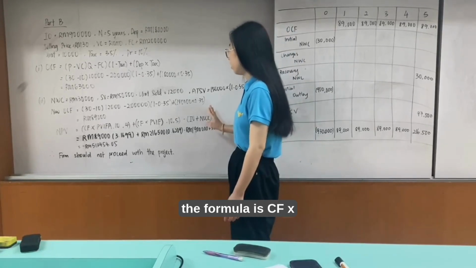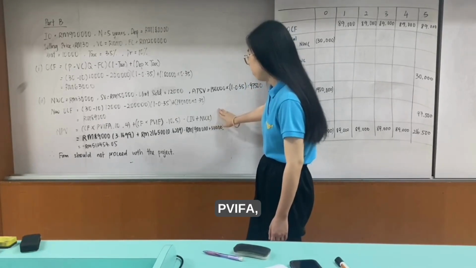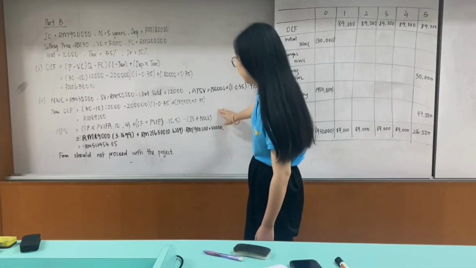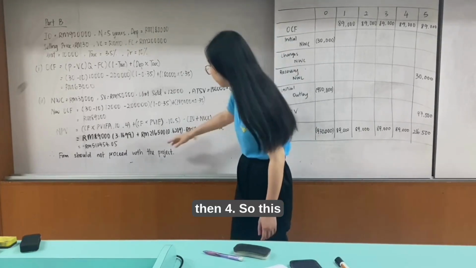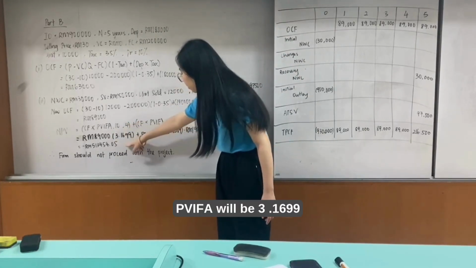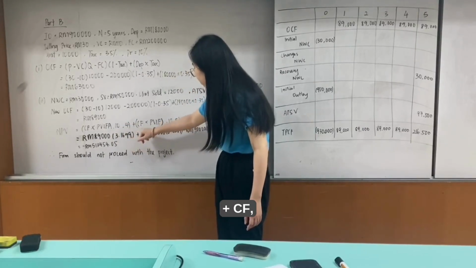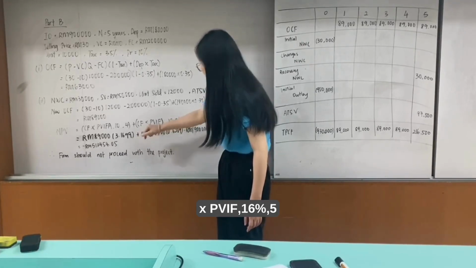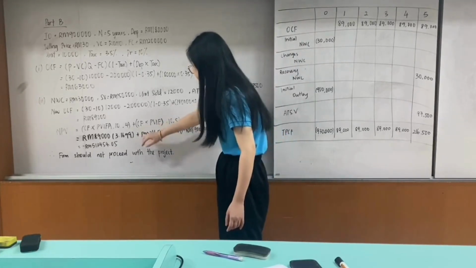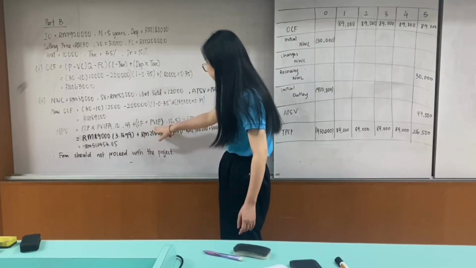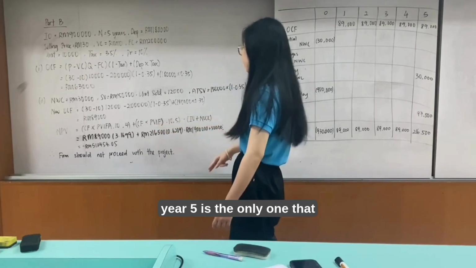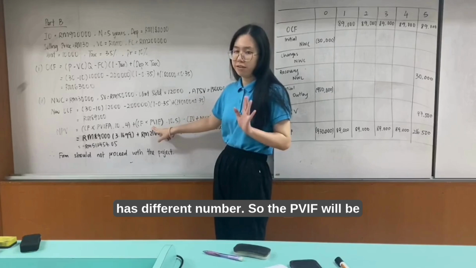After this table ends, you have to calculate the NPV. The formula is CF times PVIFA (10%, 4 years), and this PVIFA is 3.1699, plus the CF for year 5 times PVIF. The reason for using PVIF is that year 5 is the only one that has a different number.